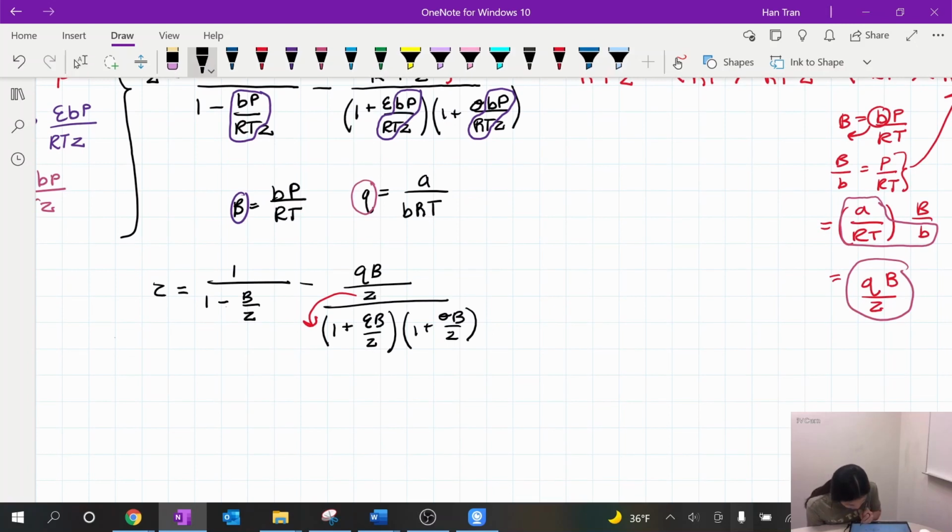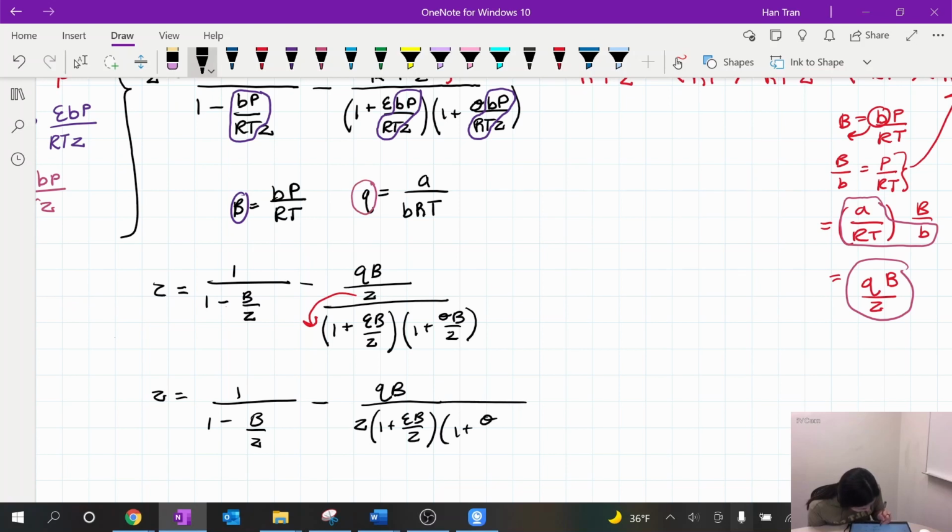And so what we're going to have is the compressibility factor equals 1 divided by 1 minus beta over the compressibility factor minus Q times beta divided by the compressibility factor. And then we have 1 plus epsilon beta divided by compressibility factor times the quantity of 1 plus sigma beta divided by the compressibility factor.